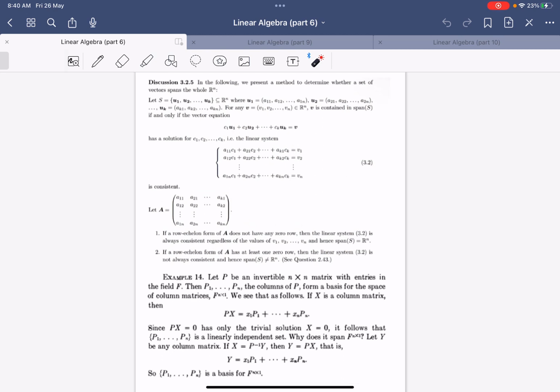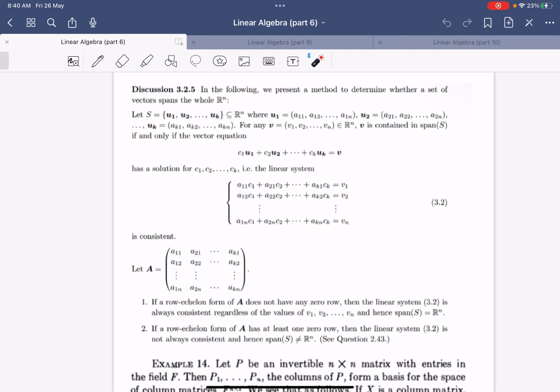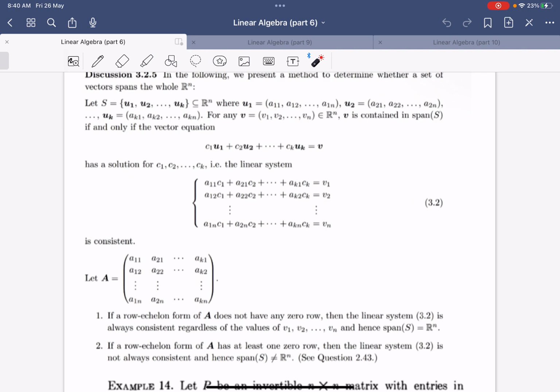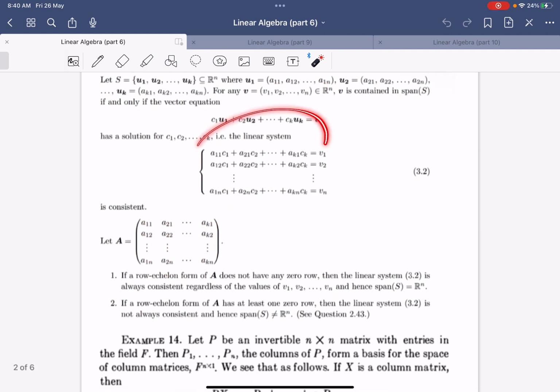We present a method of finding whether a set spans the whole R^n, and that is basically arranging the vectors as the columns of a matrix. When you create the system of linear equations, you see that the vectors form the columns.